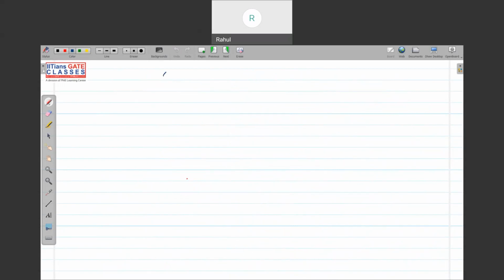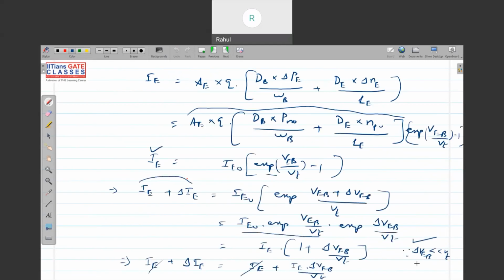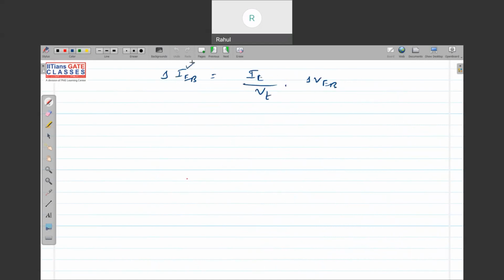The change in current because of the change in emitter to base voltage equals I by VT into del VEB. If this condition is true, and I am changing the emitter to base voltage by a little amount, the change in emitter current will be directly proportional to the change in emitter to base voltage, and it will depend upon what current you are at.